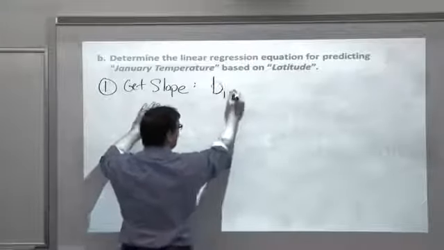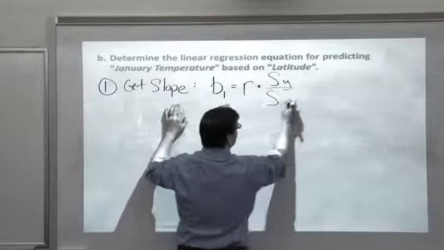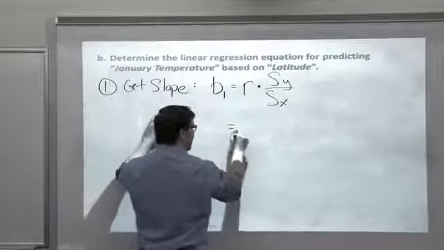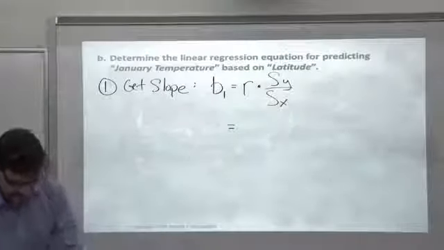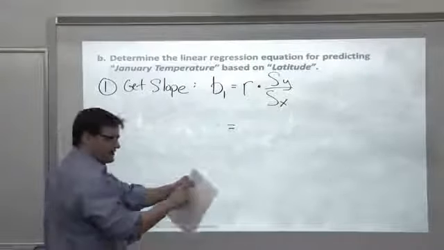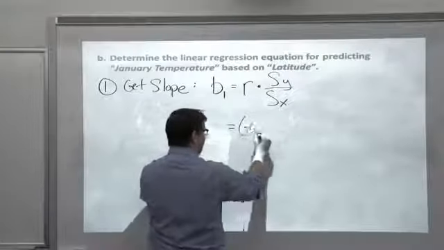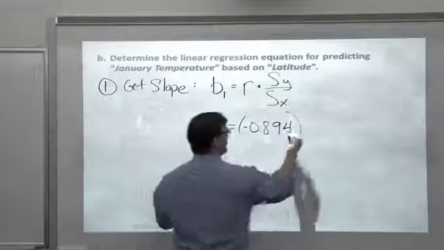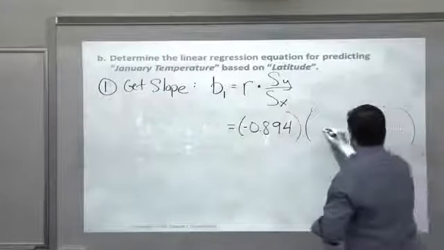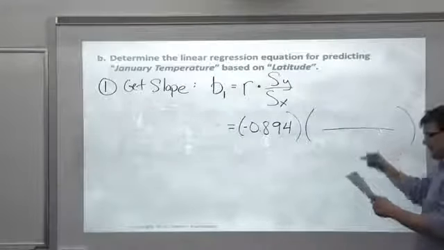Formula is b1 equals R times S sub Y over S sub X. Okay, we've got the numbers. You can see them on the page. Correlation was up at the top in the description. So that was a negative 0.894, times S sub Y over S sub X. Make sure we put the S sub Y up top.